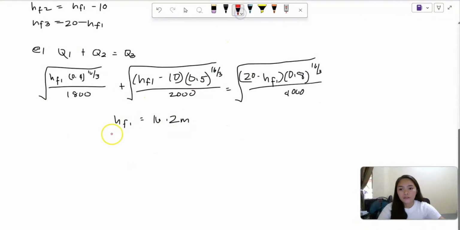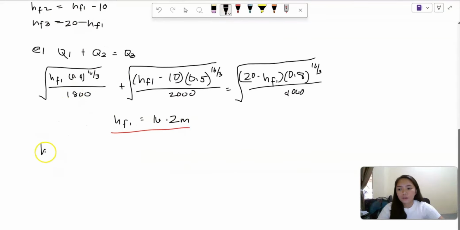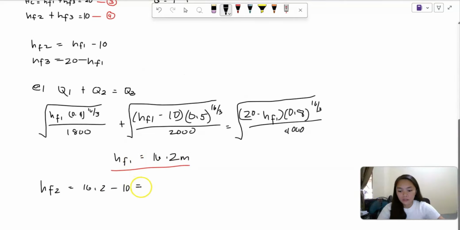So we already have this. And by substitution, substitute the value of HF1 here. So HF2 will be HF1, which is 16.2, minus 10, which is equal to 6.2 meters.